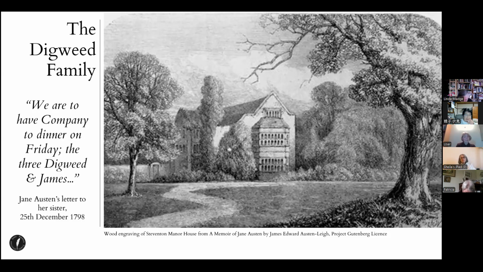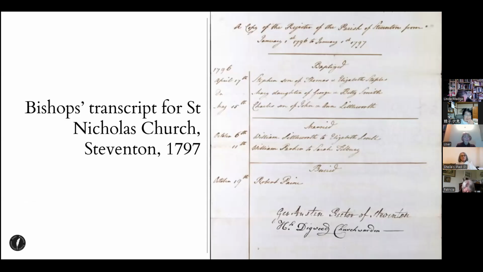During our research, we found a record which is the bishop's transcript for Steventon Church in 1797, when George Austen records conducting 3 baptisms, 2 marriages, and 1 burial in the whole year.